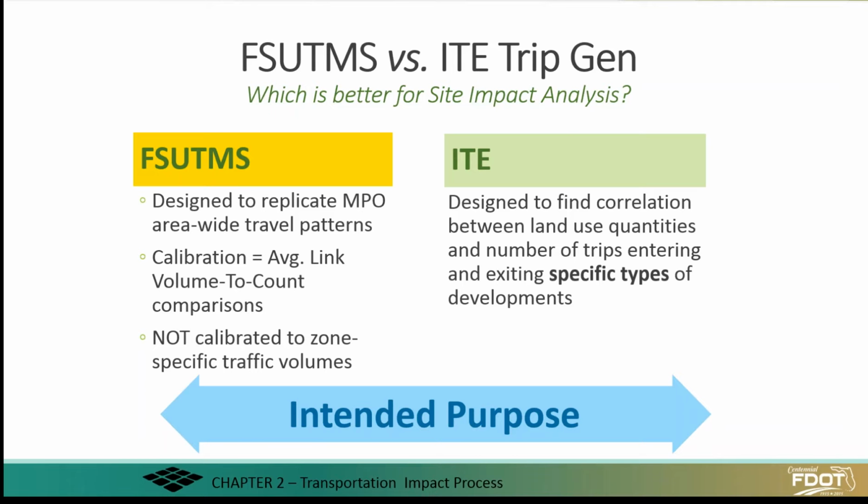It is not calibrated to zone-specific traffic volumes, whereas ITE trip generation practices are set to develop or come up with the exact number of trips that you can expect to be generated by a specific project at a specific location.